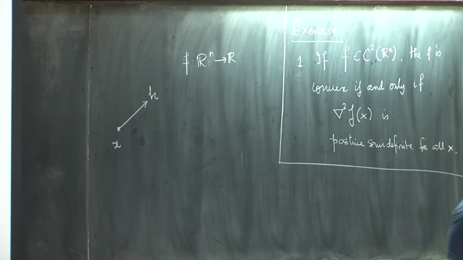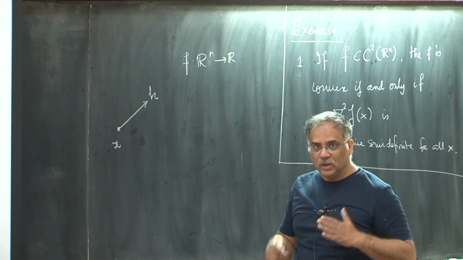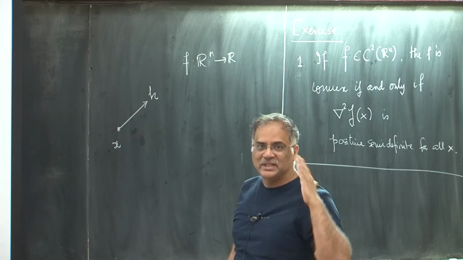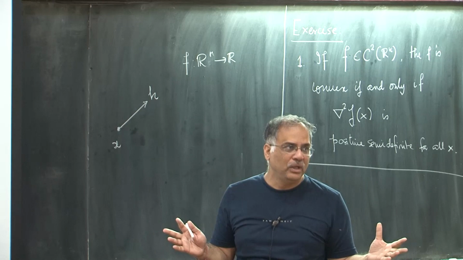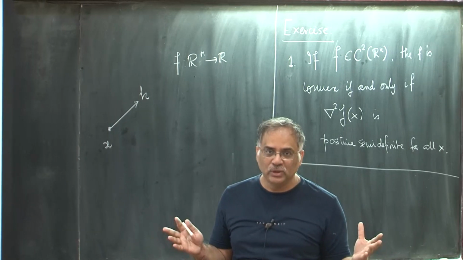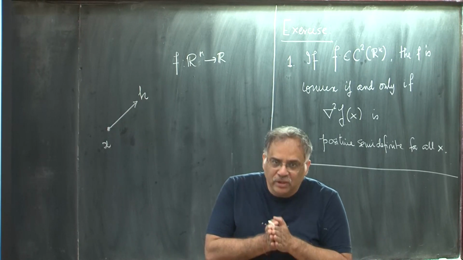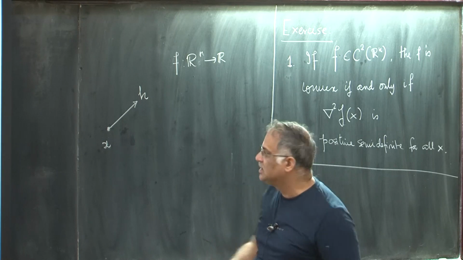That is the meaning of directional derivative. So I look at the derivative along a ray. Basically, in a situation where I am in more than one dimension, I am bringing it into a single dimension. That is the idea.